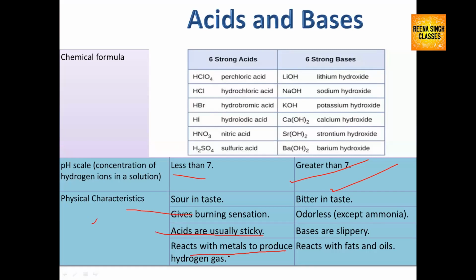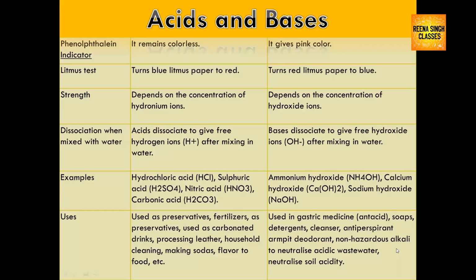Acids react with metals to produce hydrogen gas. Bases are bitter in taste and odorless, except ammonia. Bases are slippery and react with fats and oils. Based on indicators, phenolphthalein remains colorless in acid, but in bases it gives a pink color.